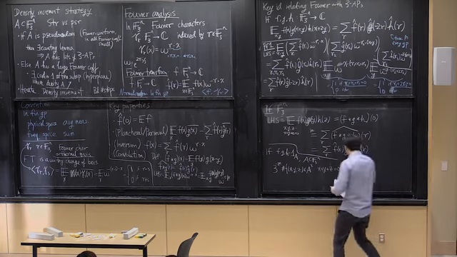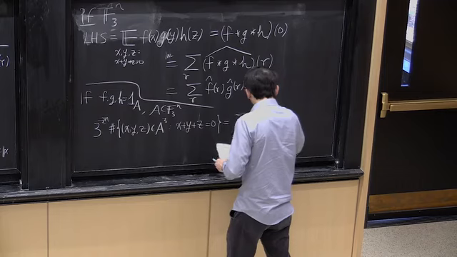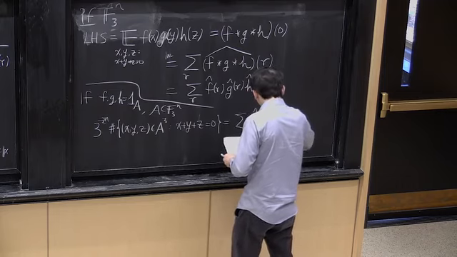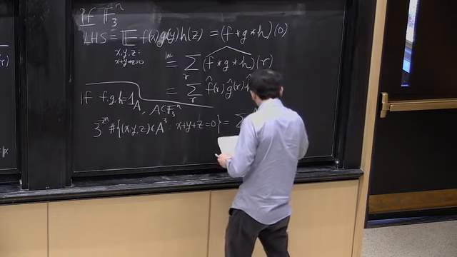And the right-hand side is the sum of the third power of the Fourier coefficients.